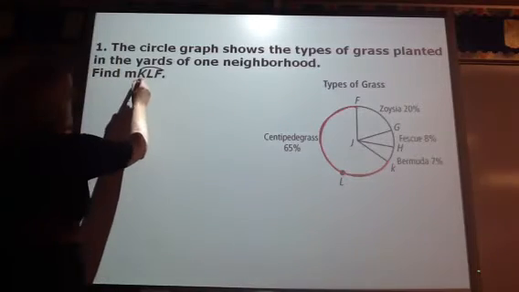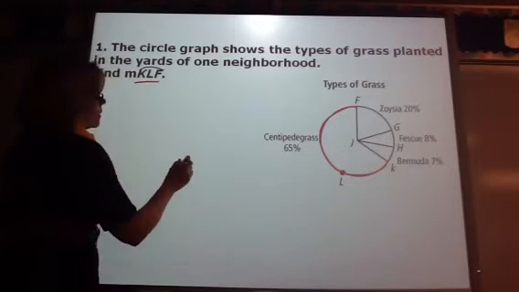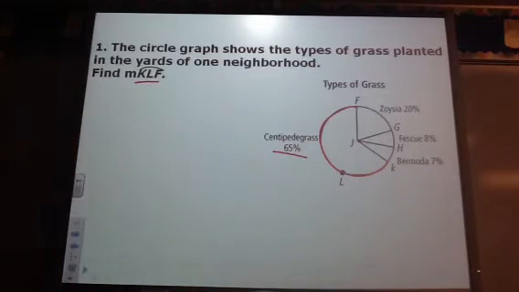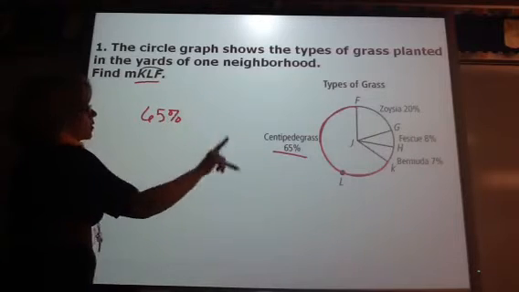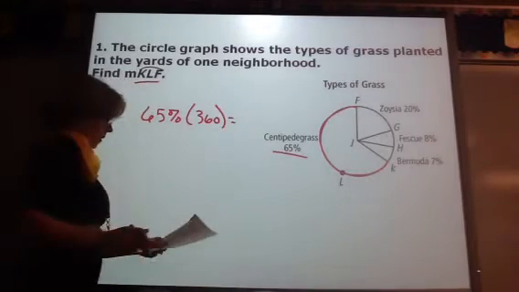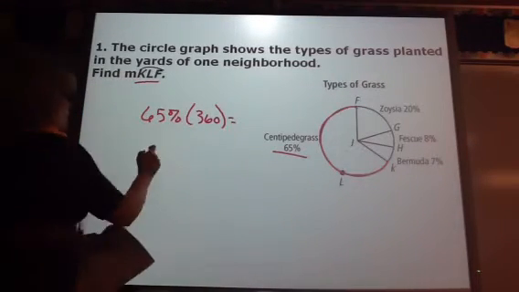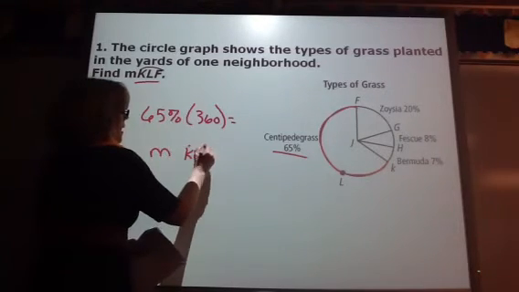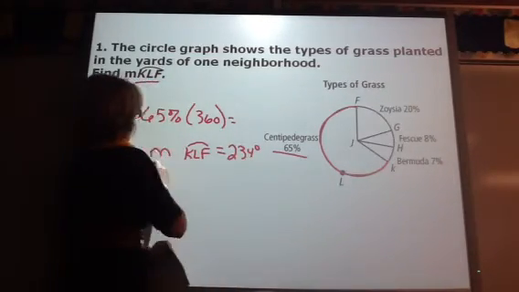So that's why it's labeled with 3 letters here. We want to know the types of grass. Well, we have 65%, and the total is 360. So 65% times 360, the measurement of arc KLF is going to be 234 degrees.